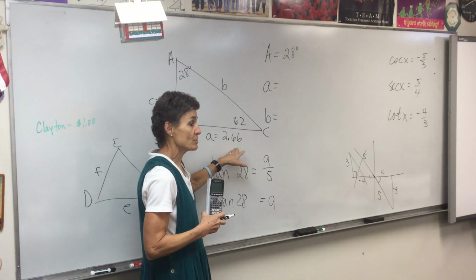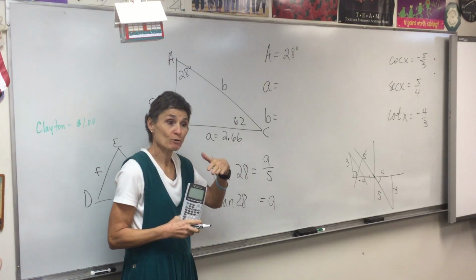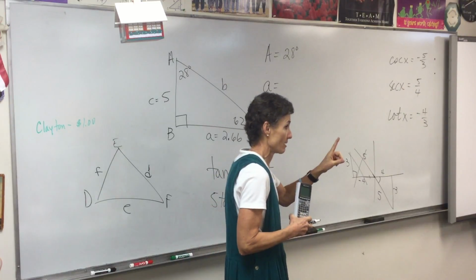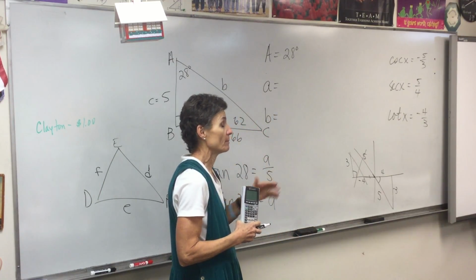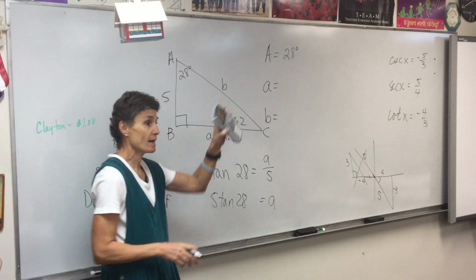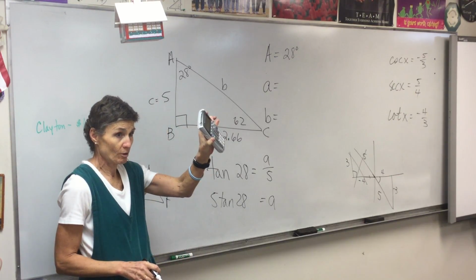Because if you literally use the 2.66, you're introducing round-off error into the problem, right? And it's not necessary, because there are other ways to do the problem. So if you want to do the Pythagorean theorem, that's okay, but use your answer button on your calculator.